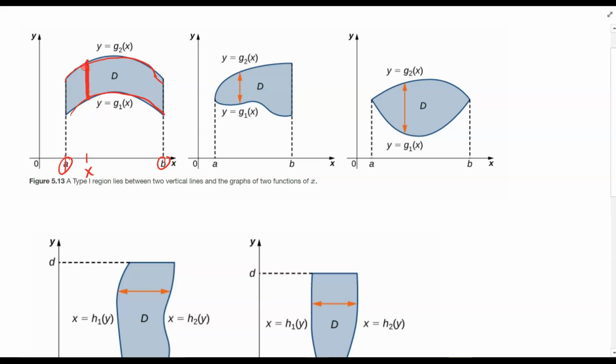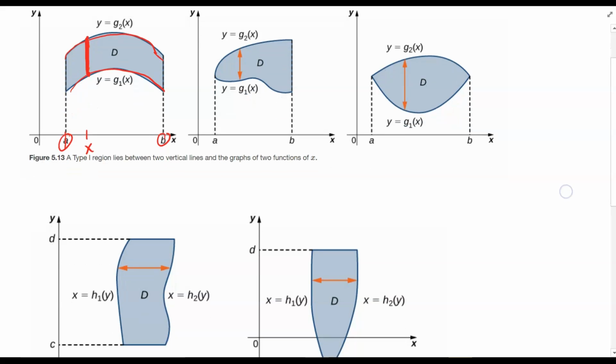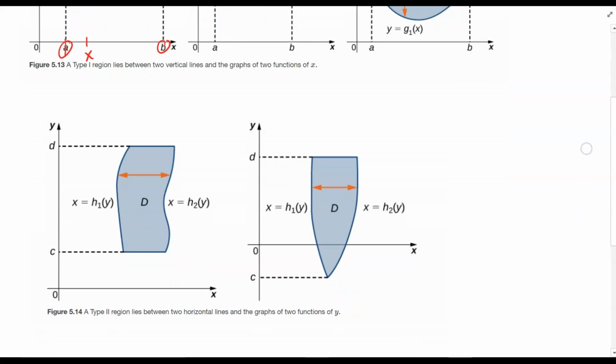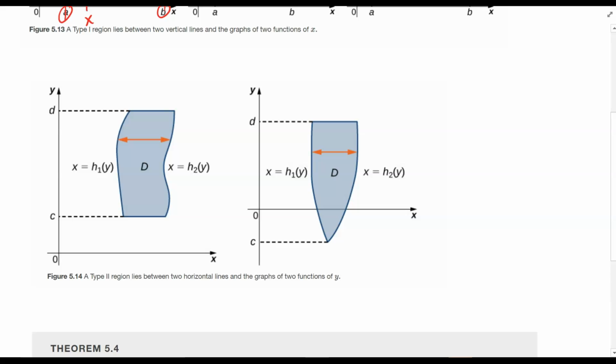We're also going to have type 2 regions, and for various problems, one description could be better than the other. Some regions could be cast as both type 1 and type 2, but a type 2 region has a well-defined left side and a well-defined right side, and we're going to let y vary from the bottom to the top.